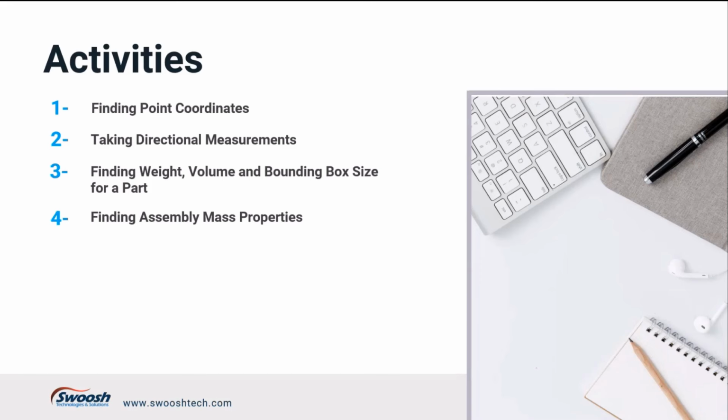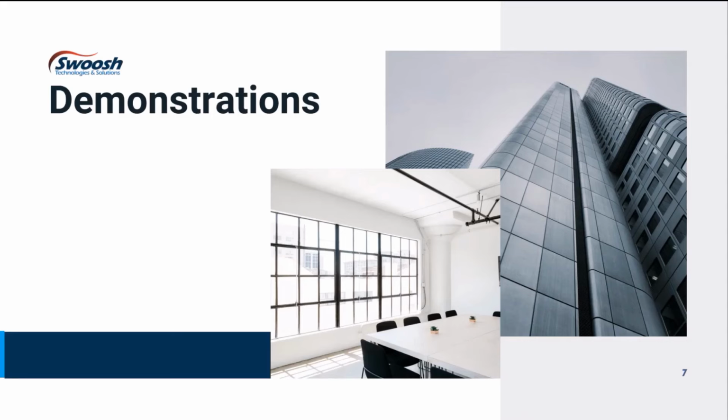Everything else I'm going to be showing is based on capabilities that are part of the standard modeling license. But when we get to that point, I'll try to remember to remind you that the assembly mass properties panel within the navigator does require a Mach 3 license. So let's go ahead and get into some demonstrations.